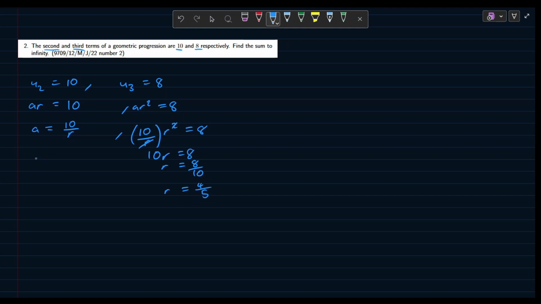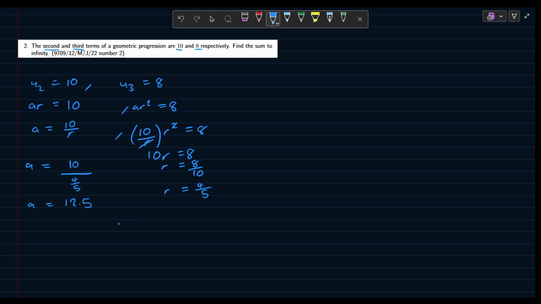Using this value for r, let's evaluate a. a is 10 divided by 4 over 5. That gives us 25 over 2, which is 12.5.